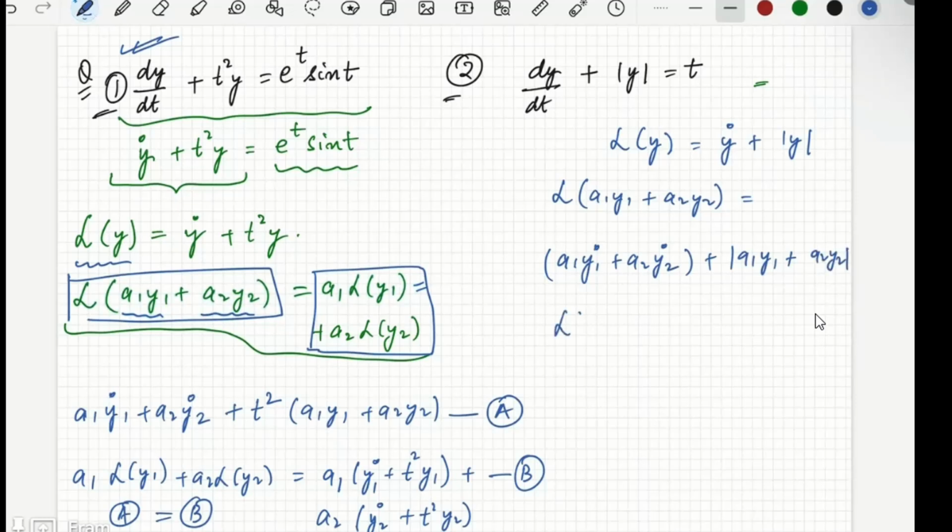And what will a1 L of y1 be? It will be y1 dot plus y1, and a2 times y2 dot plus y2.